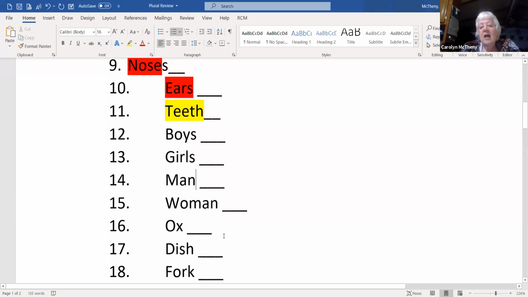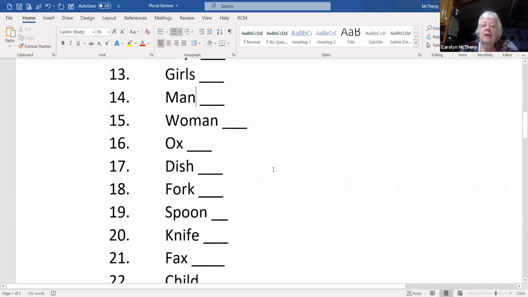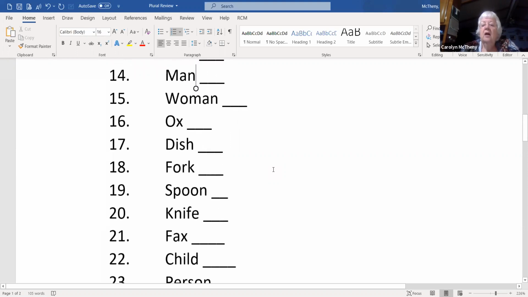Very good. Now, this is a tricky one. This is an irregular. We have one man, but we have two what? This word's going to be spelled differently. How are we going to spell two of something?